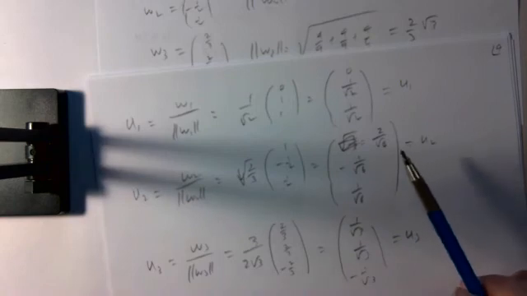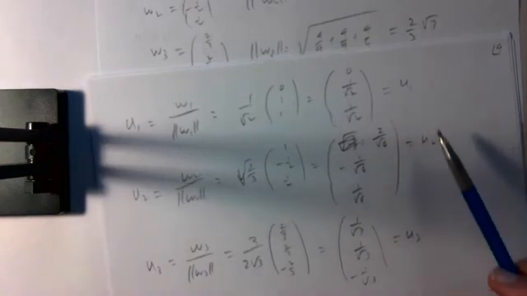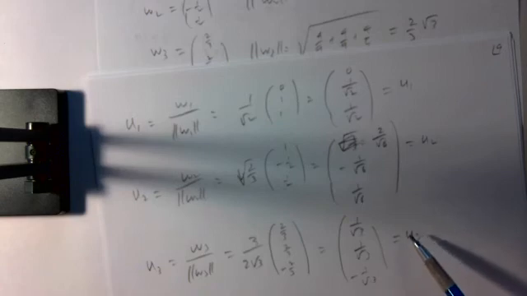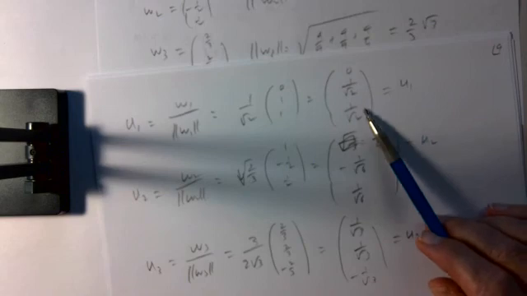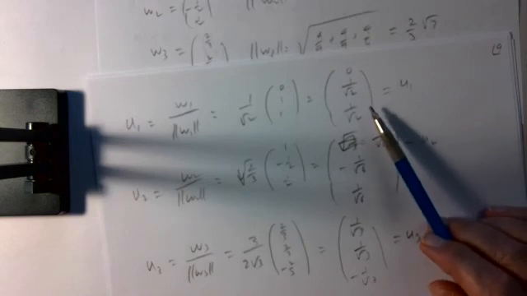So you can check each of these vectors, u1, u2, and u3, has length 1. These are all unit vectors. These vectors are mutually orthogonal.